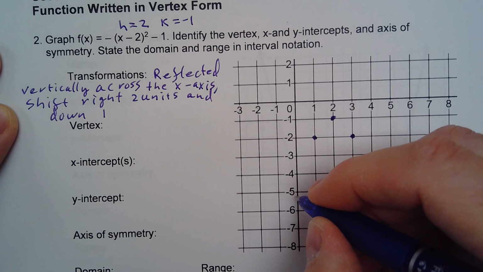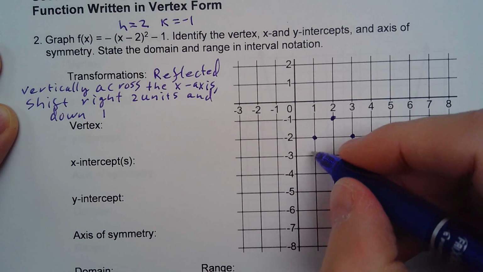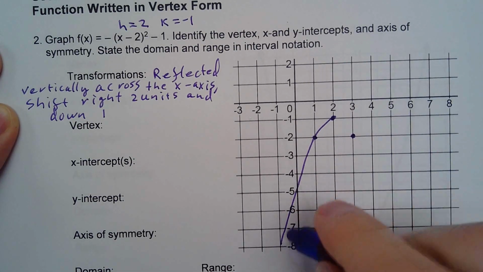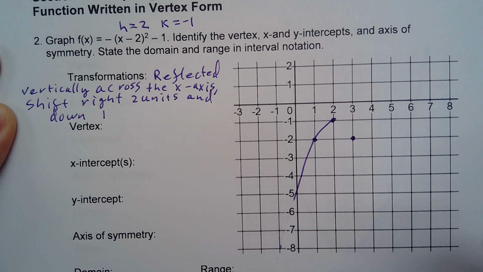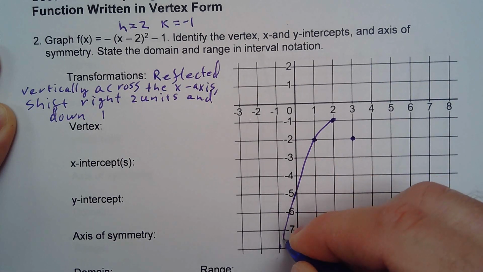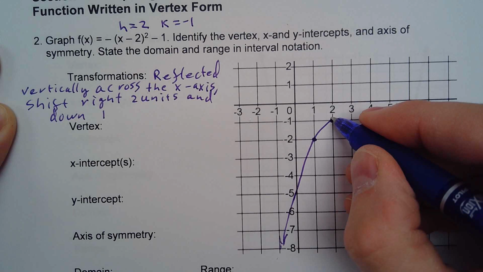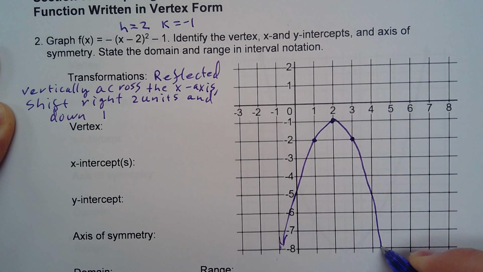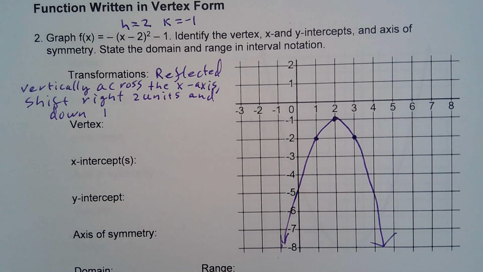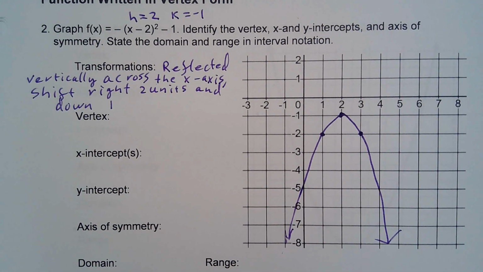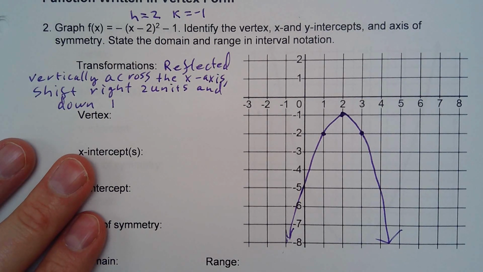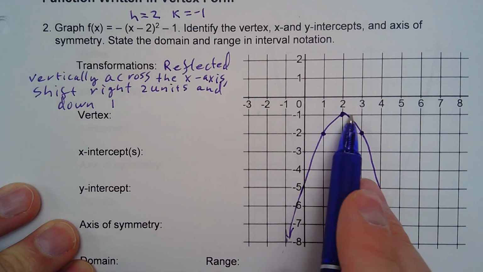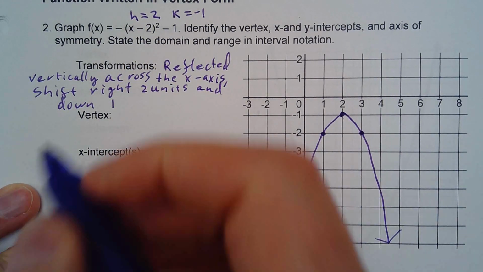And so my picture is going to look something like this. So my vertex should be (2, negative 1). Notice that does match that point there.